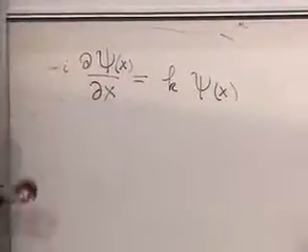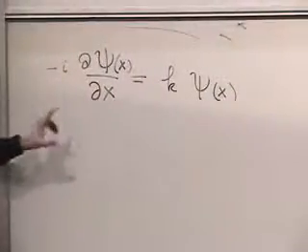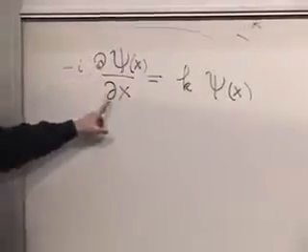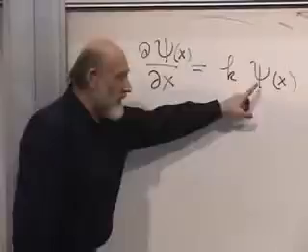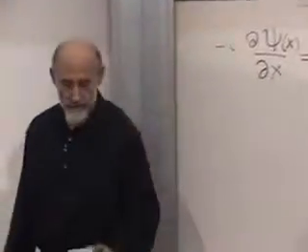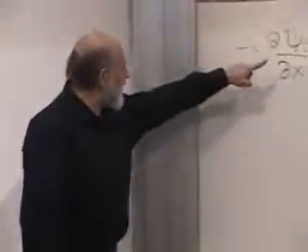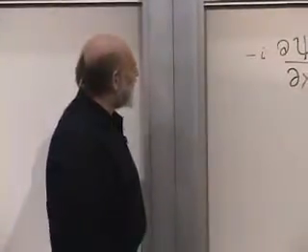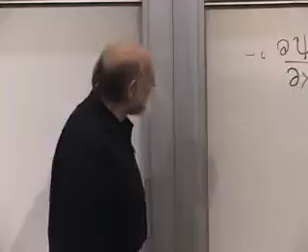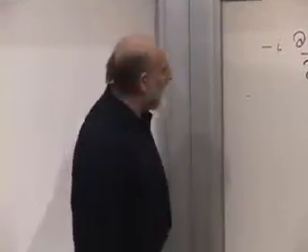So we're looking for functions. The eigenvector functions are those whose derivatives, or minus i derivatives, are equal to k times psi of x itself. Anybody know how to solve an equation like this? Exponentials.